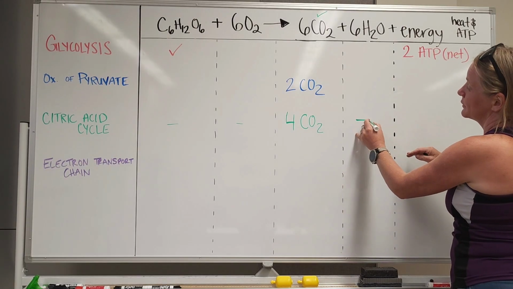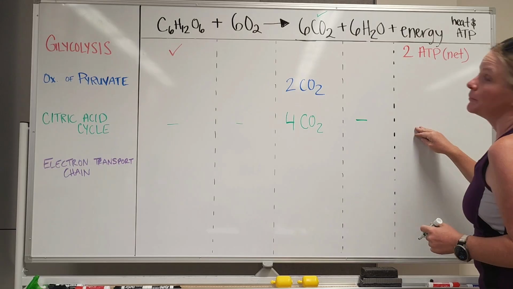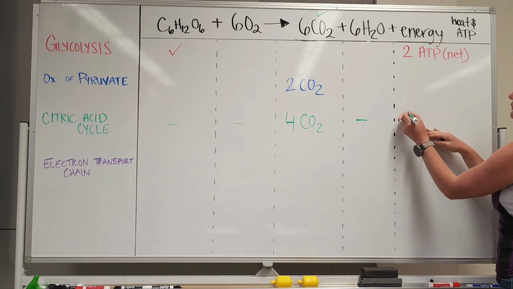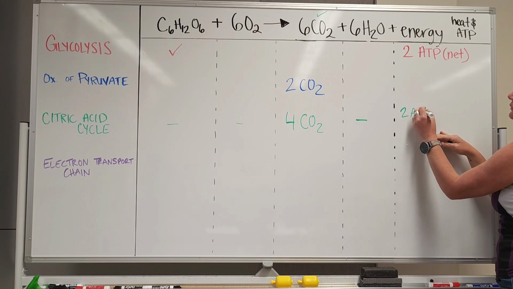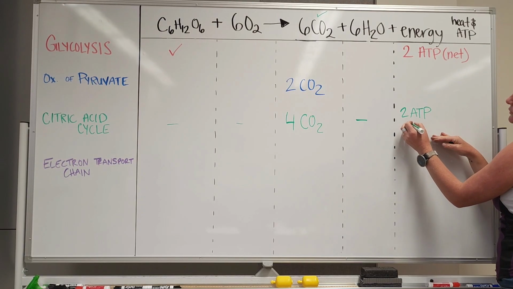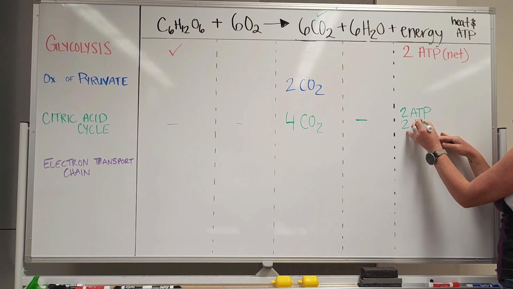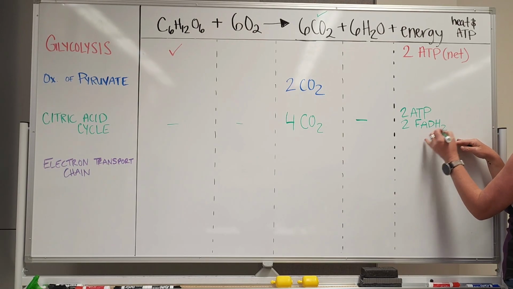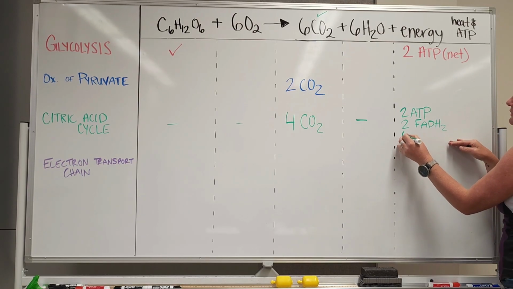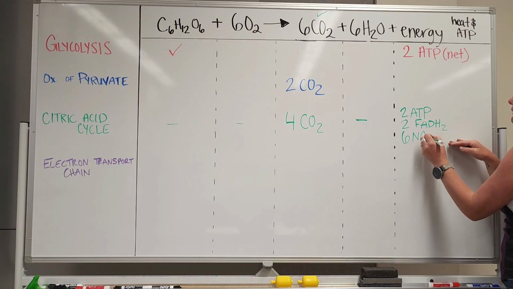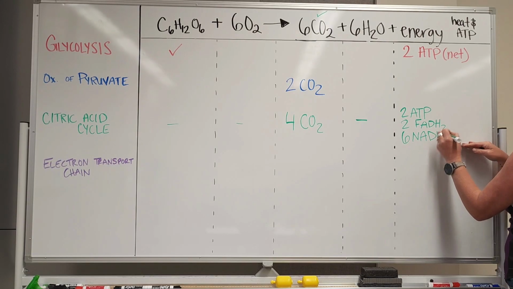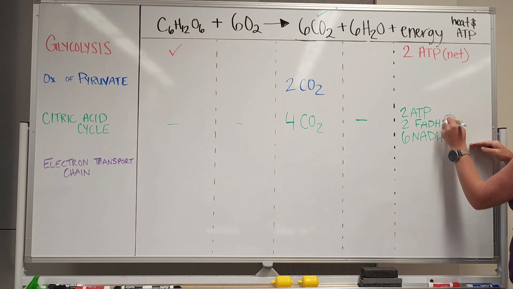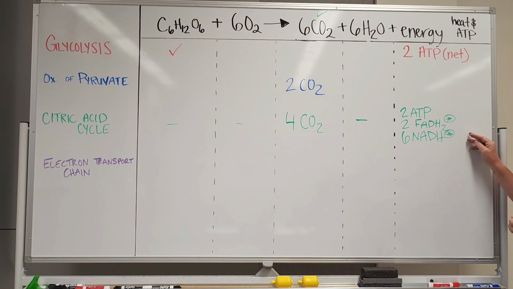We've not produced any water yet. And we have now produced 2 ATP molecules, 2 FADH2s, and 6 of our NADH. Remember that these electron carriers are both in their reduced form, meaning that they are carrying around high energy electrons.